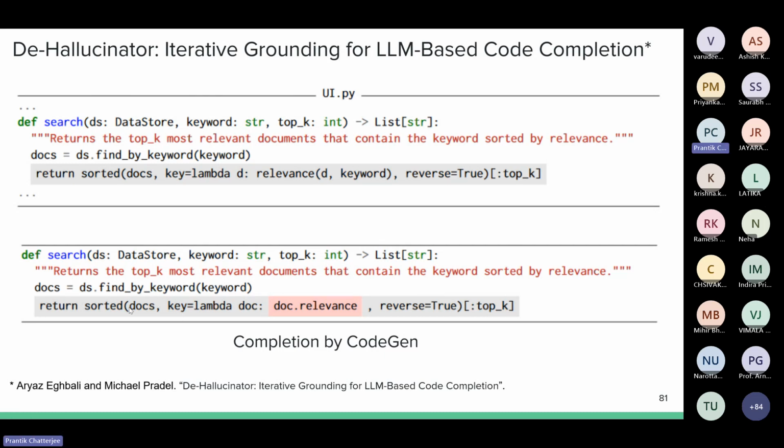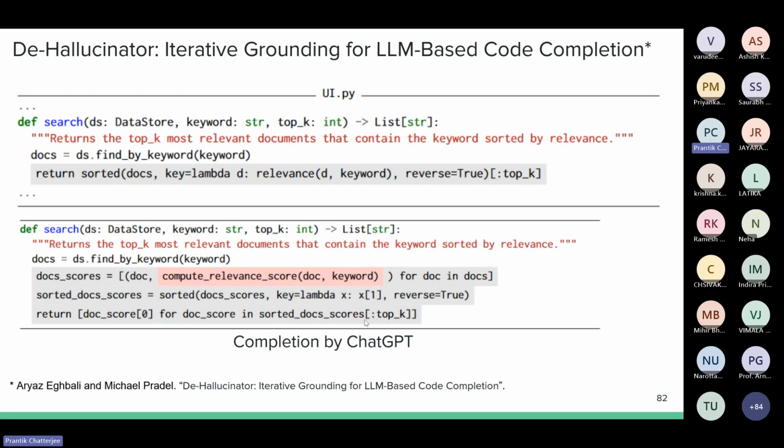This gray highlighted line is what is returned by one code LLM, called CodeGen. You see that CodeGen has produced a sort of correct output. The only problem is that it calls a doc.relevance function, which does not exist.